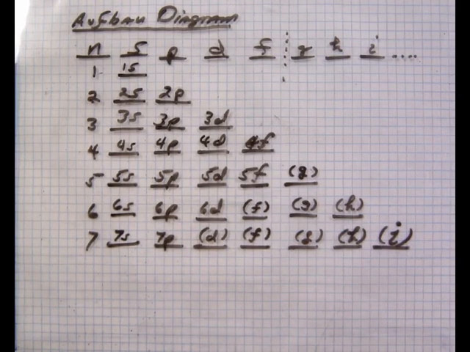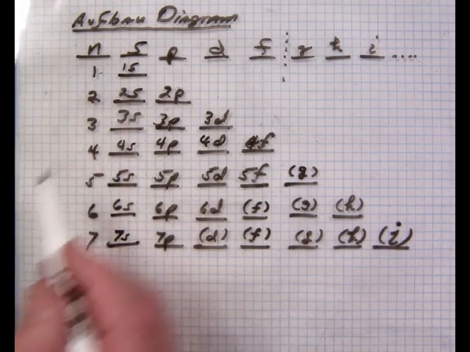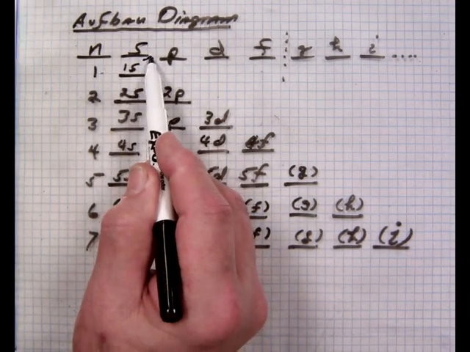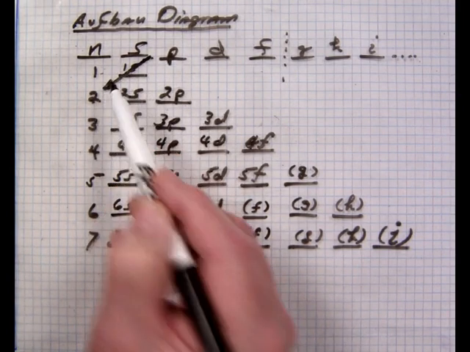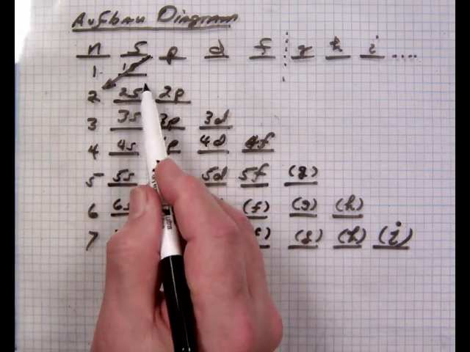Now, the order of filling, this is the low energy end of the diagram, and this is the higher energy down here. And according to the Aufbau principle, electrons have to enter the lowest available orbital. So the first electrons go into the 1s.